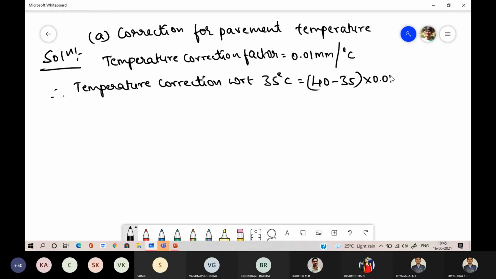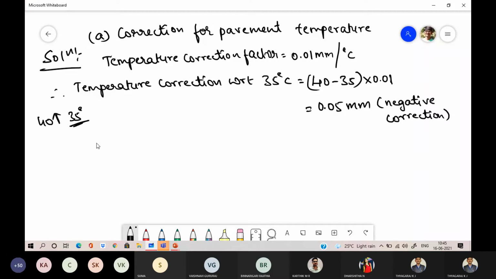So calculate how much you are going to get. 0.05 mm. Since 40 degrees is greater than 35 degrees Celsius, we are going to apply negative correction. That's why we have to reduce this 40 to 35, so we apply negative correction.